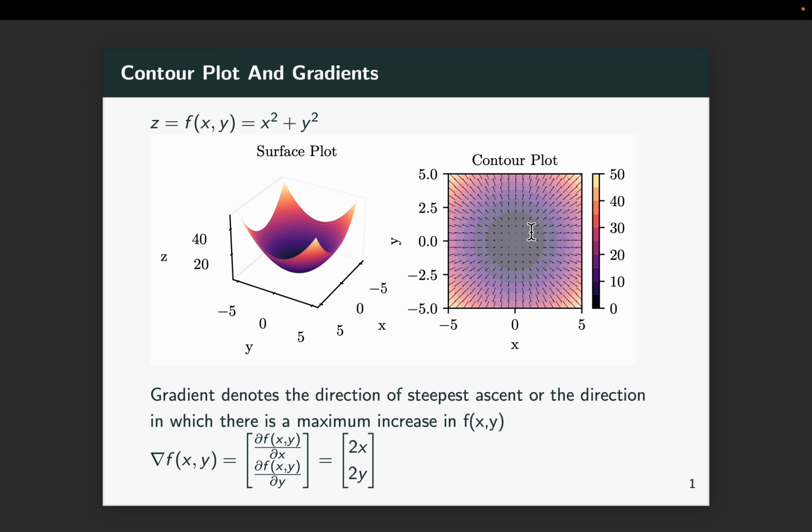But if you were to pick a different point, let us say x equal to 0 and y equal to 2, the direction of the gradient would be different. Now, the quickest way to go would be in the direction of the y axis. So, thus we can define the gradient in this way.